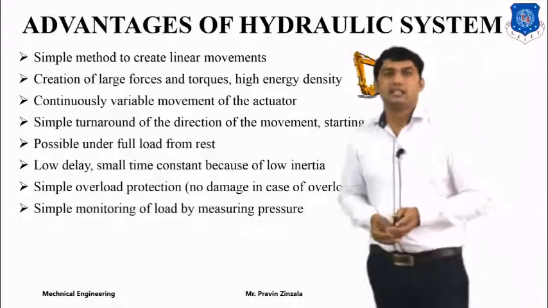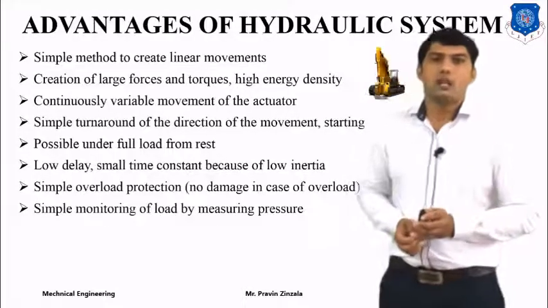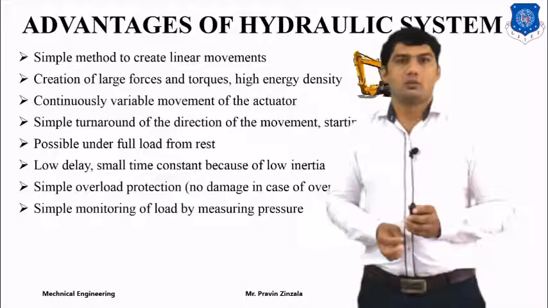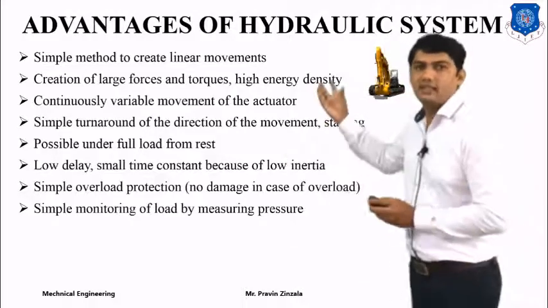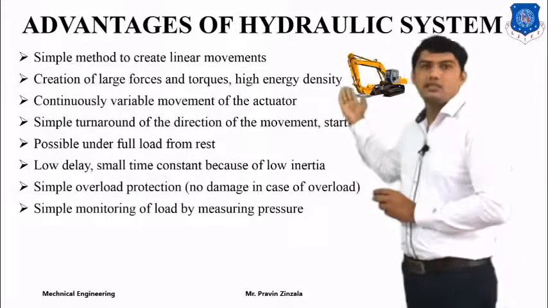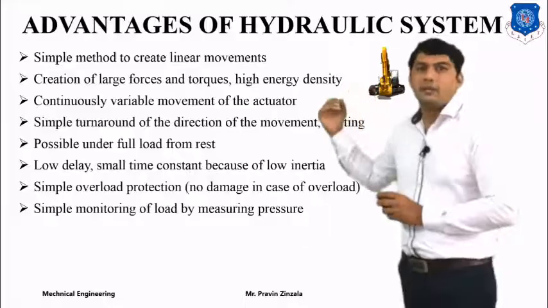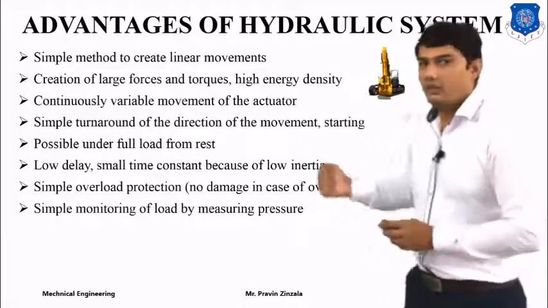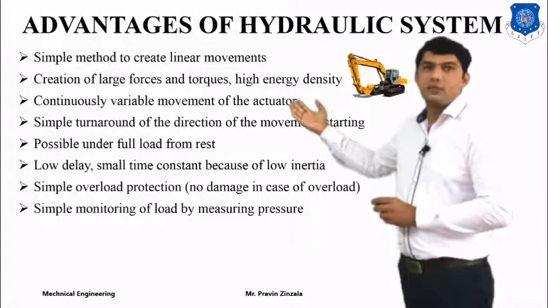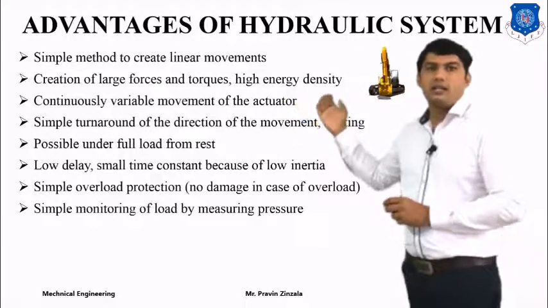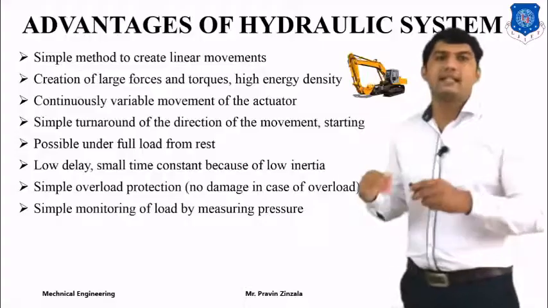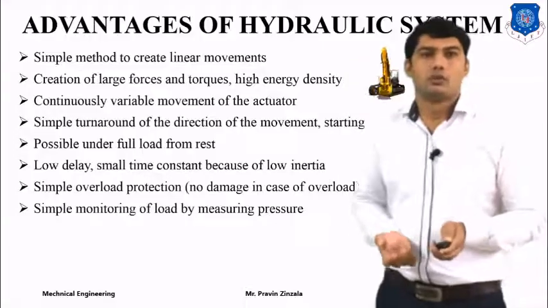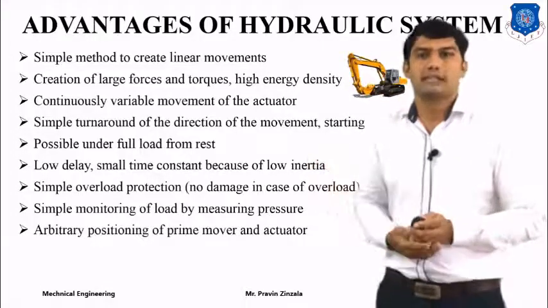The next advantage is simple monitoring of load by measuring the pressure. We can easily measure our load using pressure, which can be measured by different types of pressure gauge. We measure the pressure directly from the hydraulic pipeline, and from the pressure we can easily calculate the load of lifting or the load of the system.